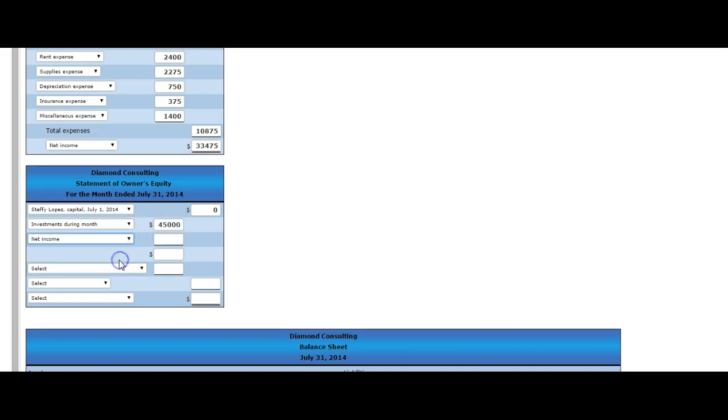We always add the income first, right, of $33,475. And that must total, I don't know what that totals. Oh, that was really backwards, wasn't it? So it totals 78,475.